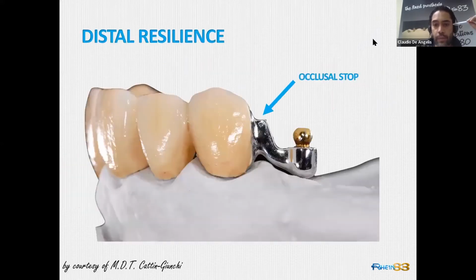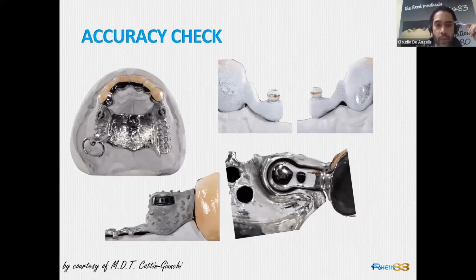This is a crucial step. Again, I will stress this theme. So everything was checked in the master model. The accuracy, they are really crazy about accuracy. They investigate everything, and as you can see, you have the retentive cap, the black cap, because it's for laboratory.